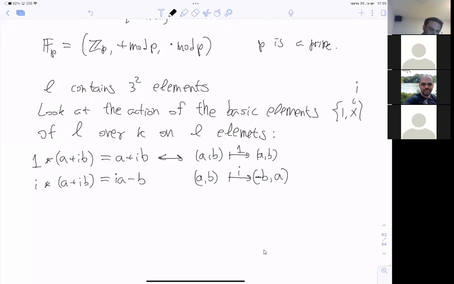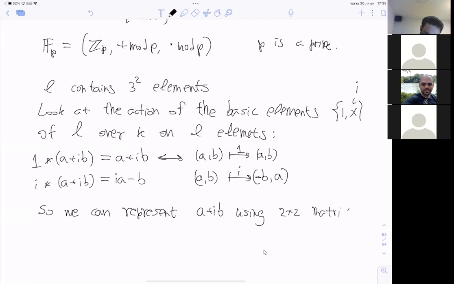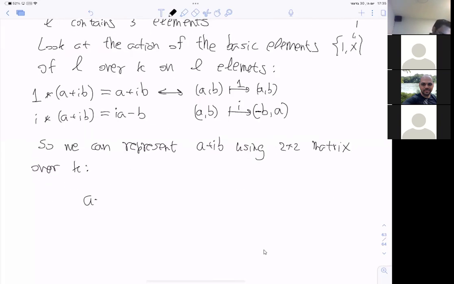So we can represent a plus ib using a 2-by-2 matrix over K. Now I put on the rows of the representation the product of the basic element action, which gives (a, -b) and (b, a).